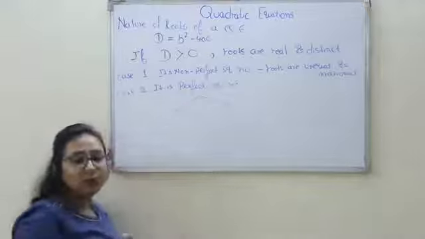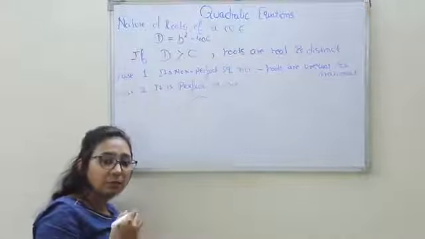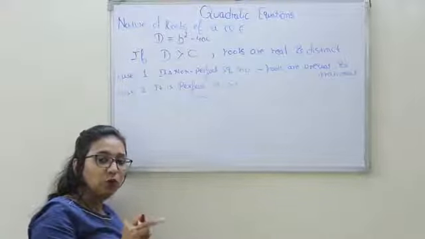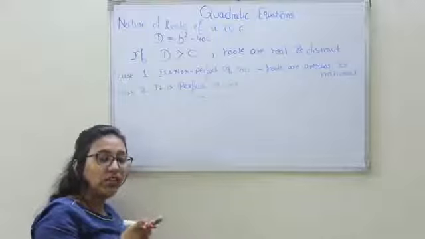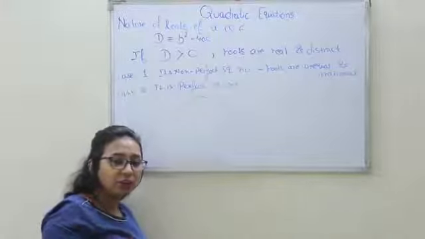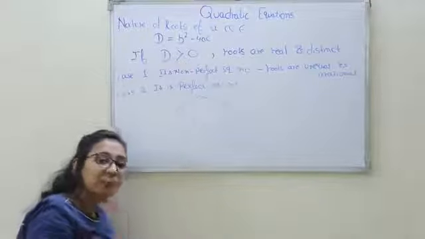You got b square minus 4ac which is positive, and that positive number is a perfect square.